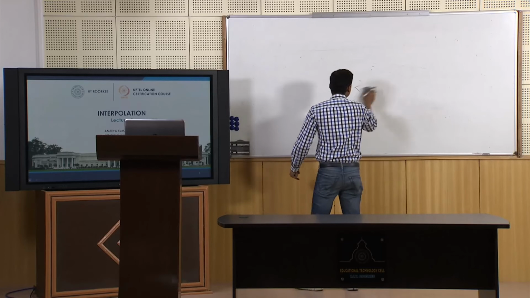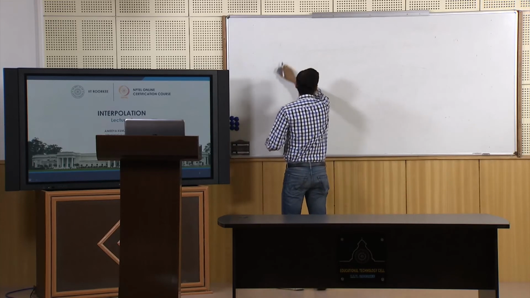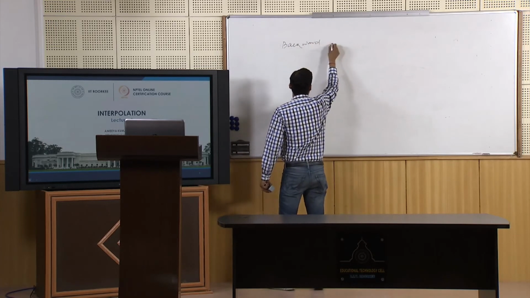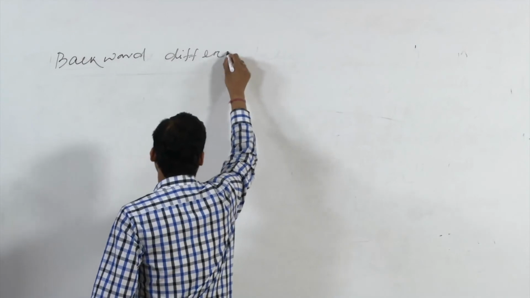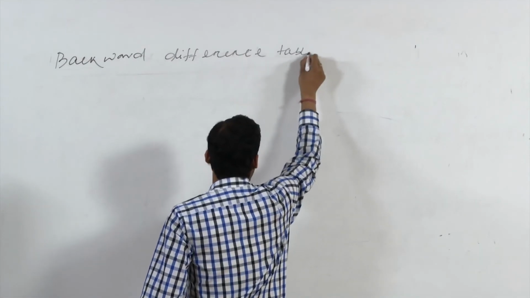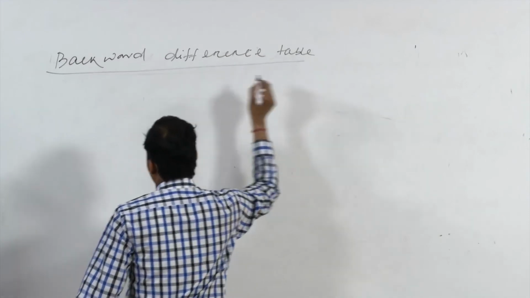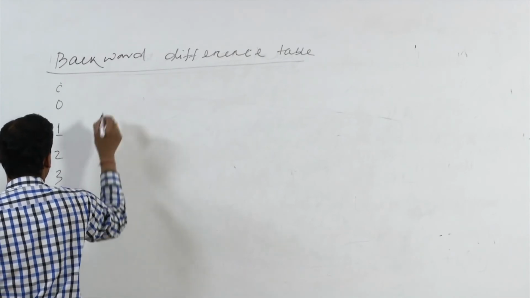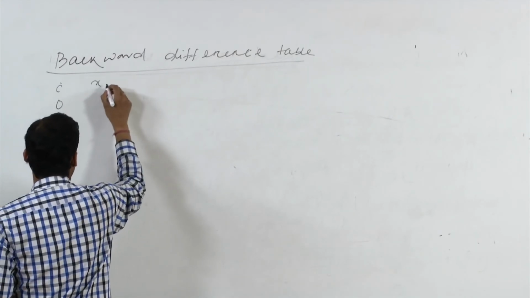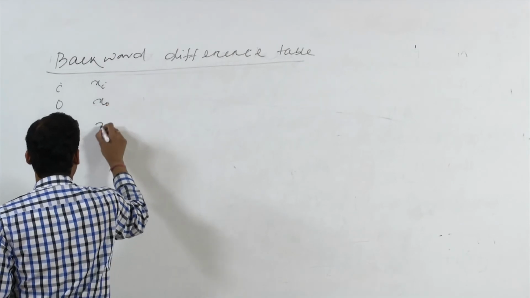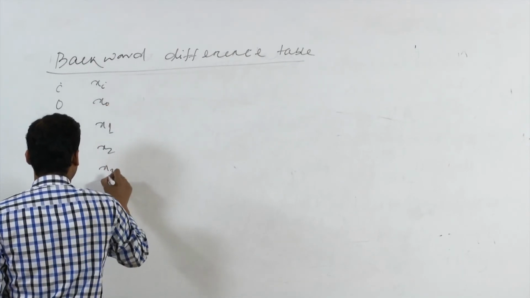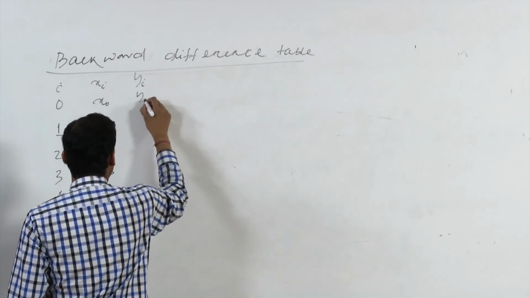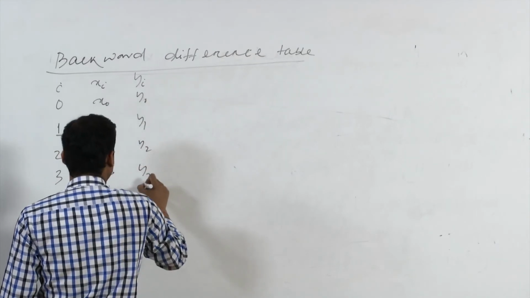Using this backward difference table, for i equals 0, 1, 2, 3, 4, the associated tabular values are xi's, that is x0, x1, x2, x3, x4 here, and the associated variable values, that is yi, as y0, y1, y2, y3, y4 here.